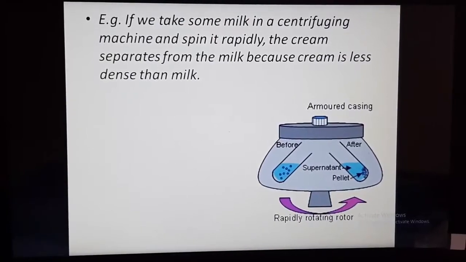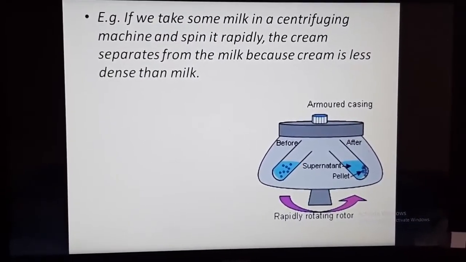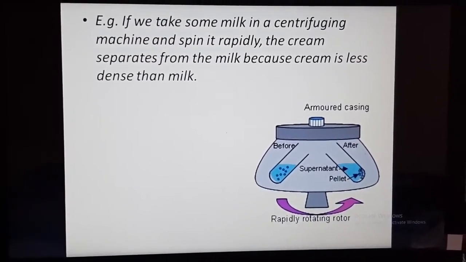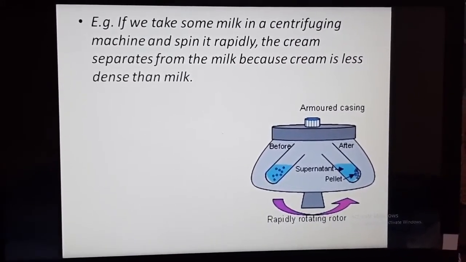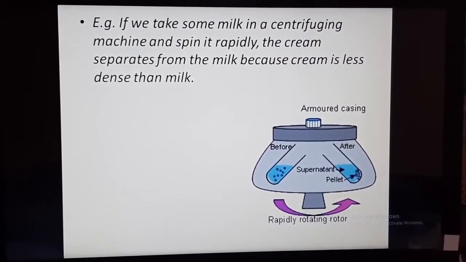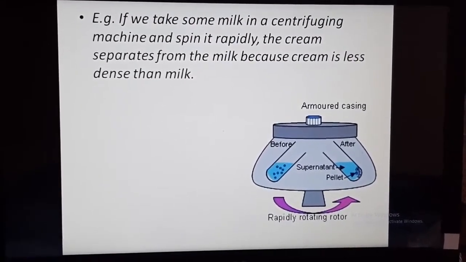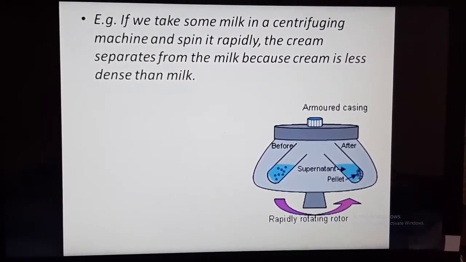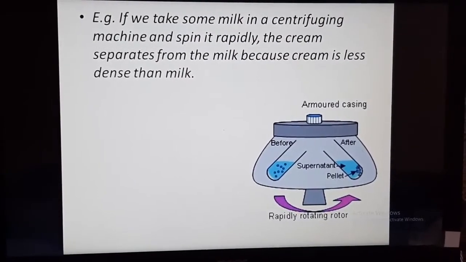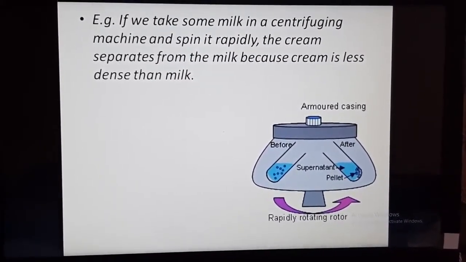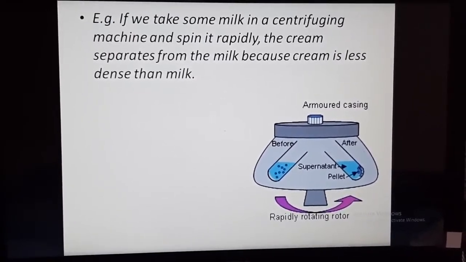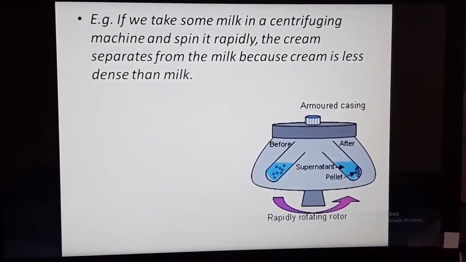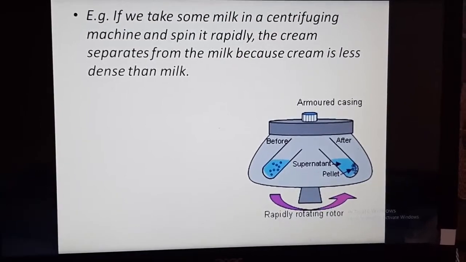The cream separates from the milk because cream is less dense than milk, because of the different densities of cream and milk. So the denser particles separate from the lighter particles, and we are carrying out this process by using a centrifugation machine. So are you clear with the centrifugation process? From the centrifugation process we can easily separate cream from milk.